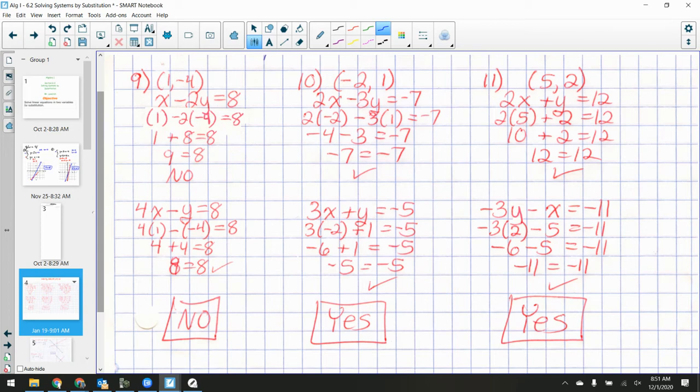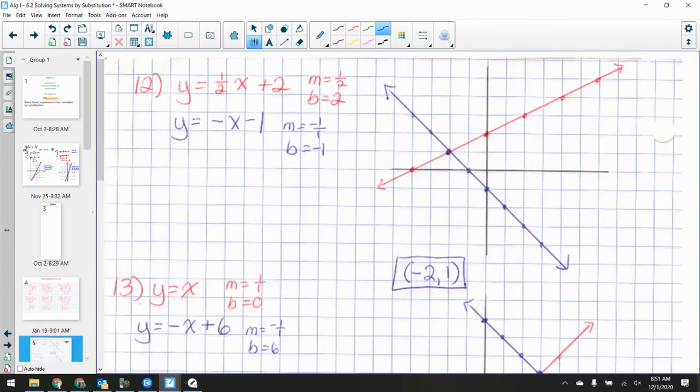Okay, let's keep scrolling here. There's 12. The answer for 12 was negative 2, 1. Check your graphs as well. Chances are that if you messed up these, you probably just did the wrong slope, positive to negative, or maybe you put the y-intercept in the wrong spot. Maybe you did it for an x-intercept instead of a y-intercept.